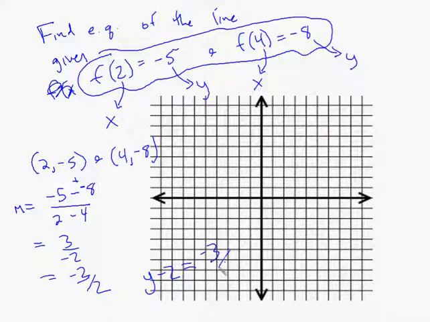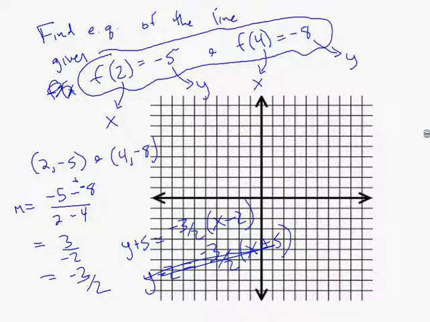If for some reason your book says give the equation in standard form, yes, you can. Okay, it should be y plus 5 equals -3/2 (x minus 2).